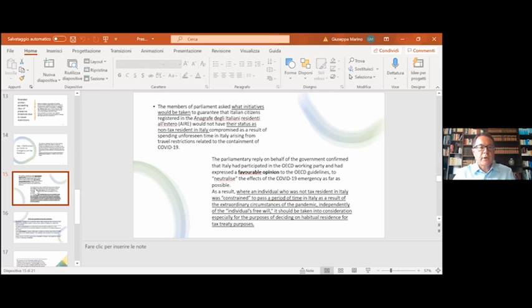This is a domestic rule beside the application of the treaty between Italy and France.